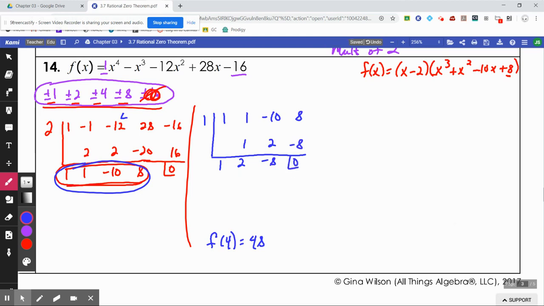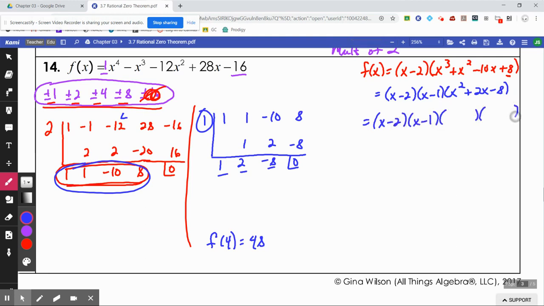So now we broke it down again. Bring down x minus 2. You divided by x minus 1. And you got x squared plus 2x minus 8. So your new function, x minus 2 times x minus 1 times, let's break it down old style.